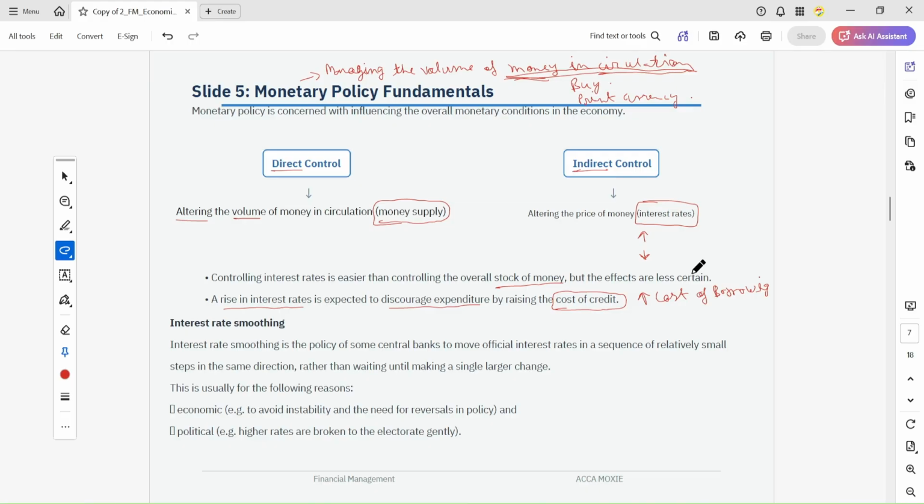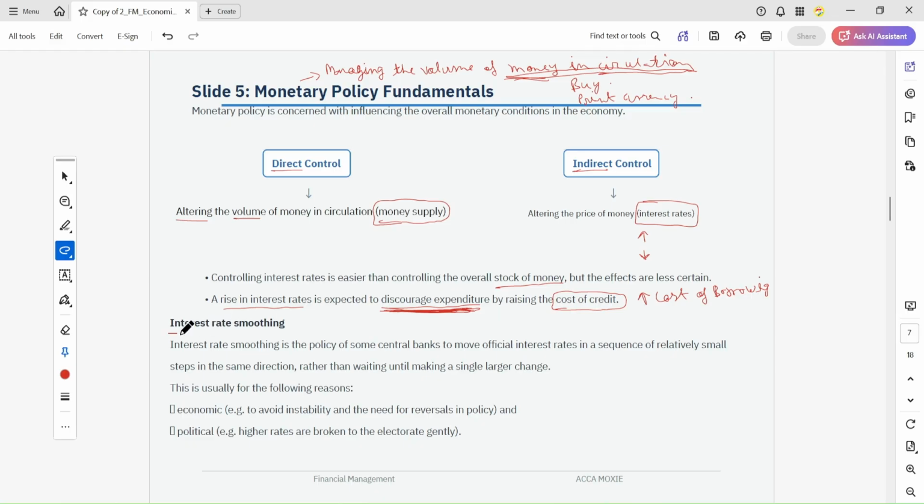That's why they discourage the investment, and they will wait for a reduction in the interest rate, and maybe they will invest in the future. So that's why it discourages expenditure.